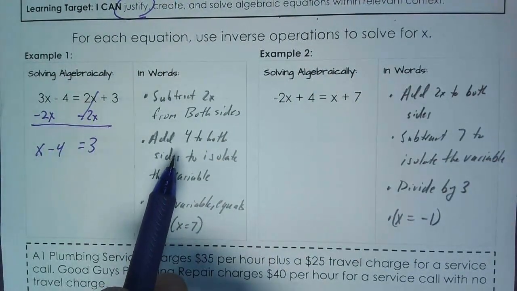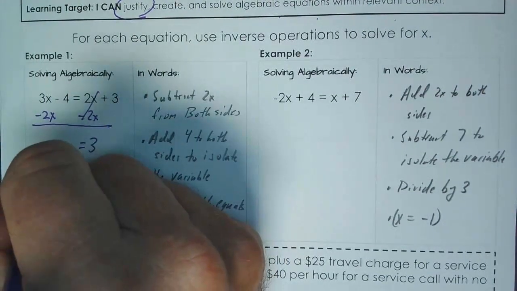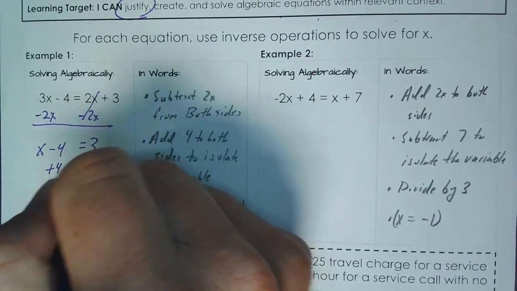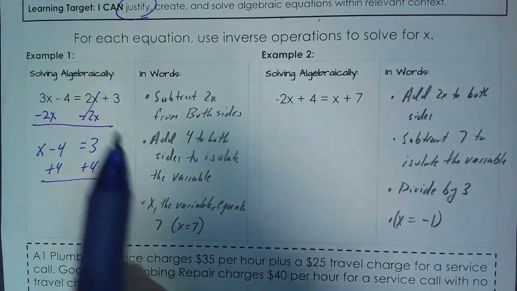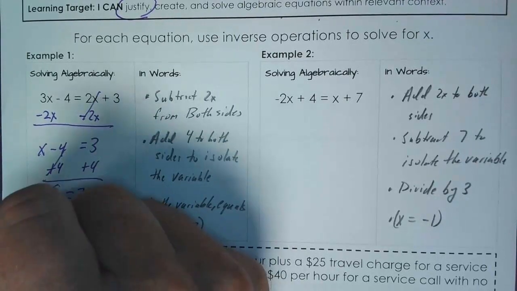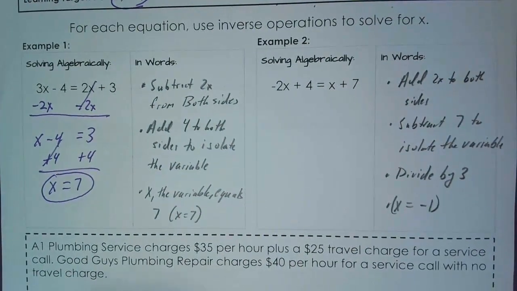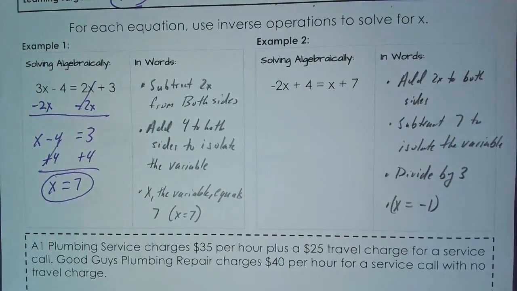Step 2 says add 4 to both sides, so I've got to take the opposite. And I should have said add 4 to both sides to isolate the variable. This becomes a 0. I'm left over with x equals 7, and that's my last step. X, the variable, equals 7.